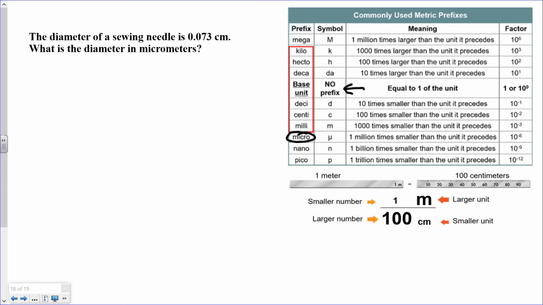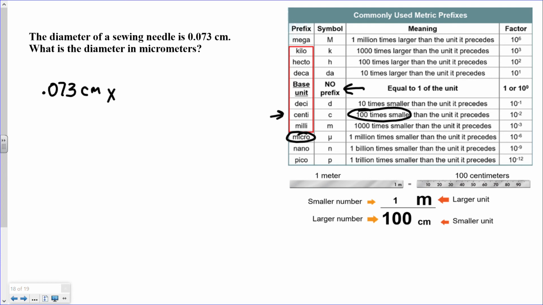and then go to the next conversion factor, or the next prefix that we want to convert to. So here we're starting off with 0.073 centimeters, and we want to convert to units of micrometers. Now, since we're starting at centimeters, we can say that for every 100 centimeters, there is 1 meter, because centi is 100 times smaller than a meter.